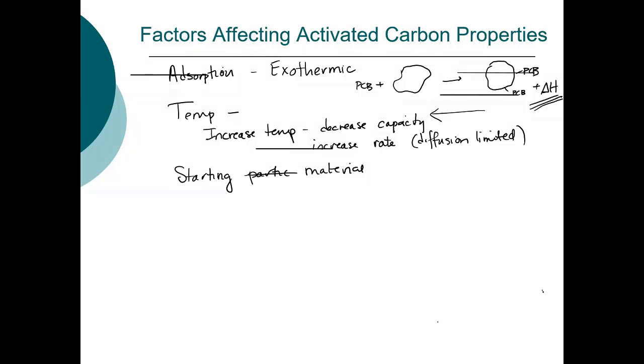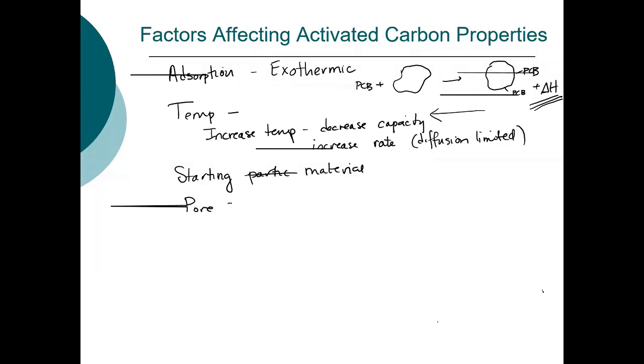Mike mentioned this when he talked about the PFAS chemicals, when he mentioned that the carbon that they used was coal-based, and they had found that that was the most efficient carbon, granular activated carbon, for PFAS removal. So the starting material plays an important role in the efficiency.